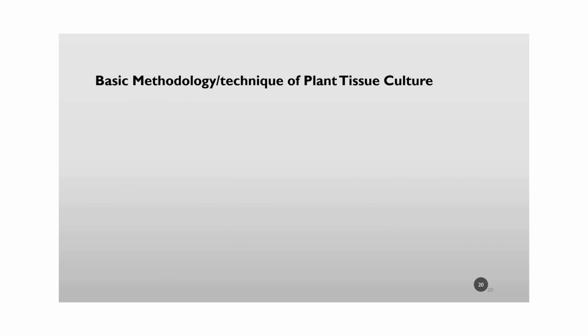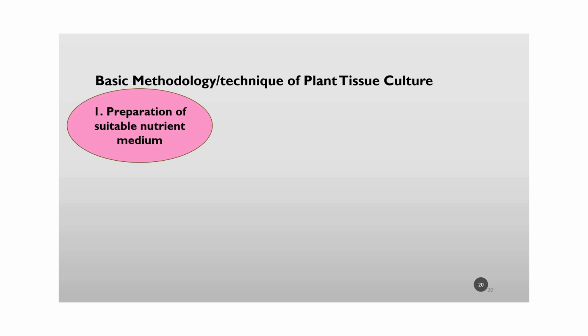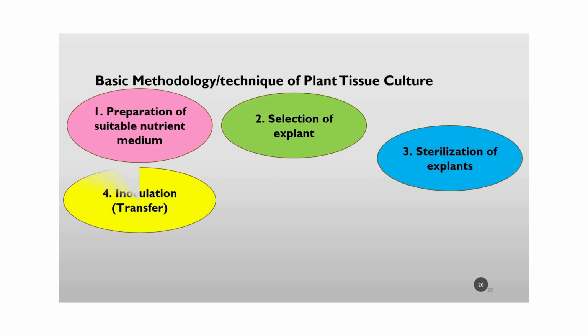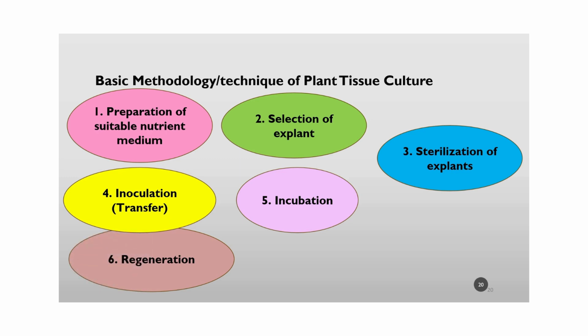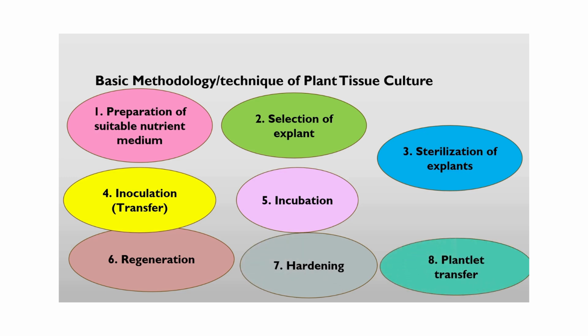Basic method or methodology, technique of tissue culture, which you should remember: number 1, preparation of suitable nutrient medium; number 2, selection of the explant; number 3, sterilization of explant; number 4, inoculation, transfer of the explant to the medium in an aseptic manner; number 5, incubation; number 6, regeneration; number 7, hardening; number 8, plantlet transfer to the greenhouse.